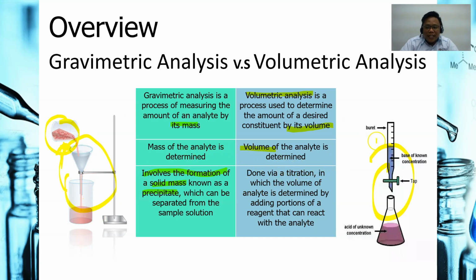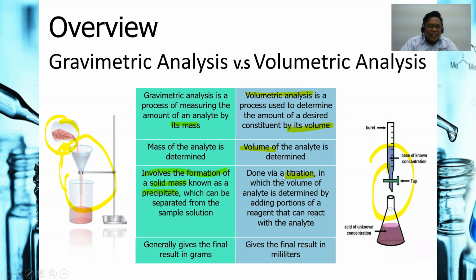In volumetric analysis, it can be done through the titration process. In GA, the final product is given in grams, while in volumetric analysis, the final product is given in milliliters, ml.